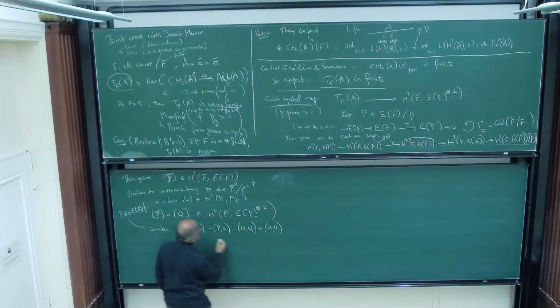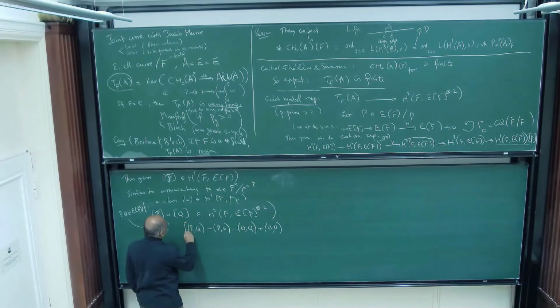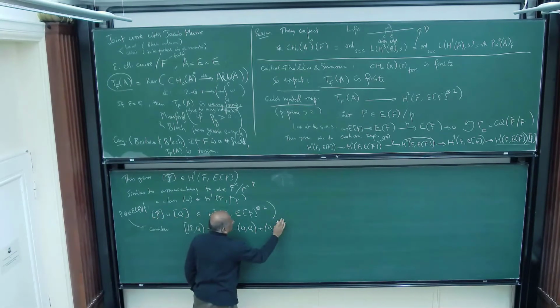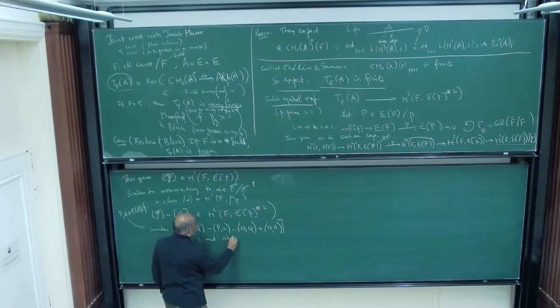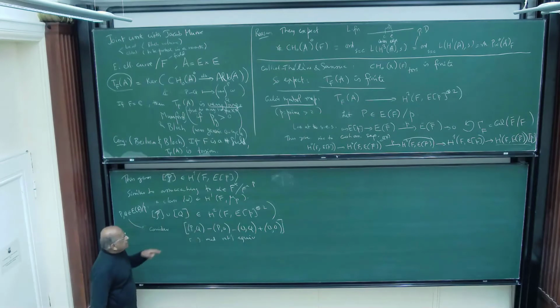So this is a 0-cycle on the surface, and you could take it modulo linear equivalence or rational equivalence. So you can take this 0-cycle class, and we can call it script P Q.